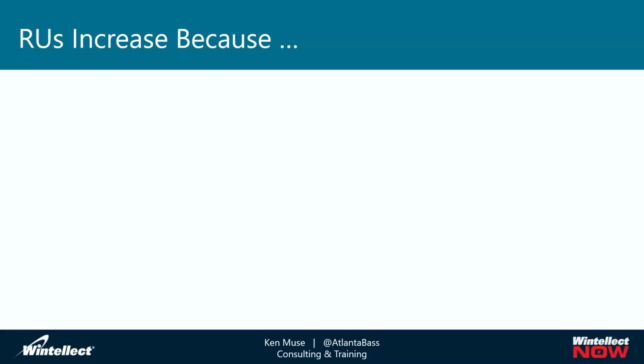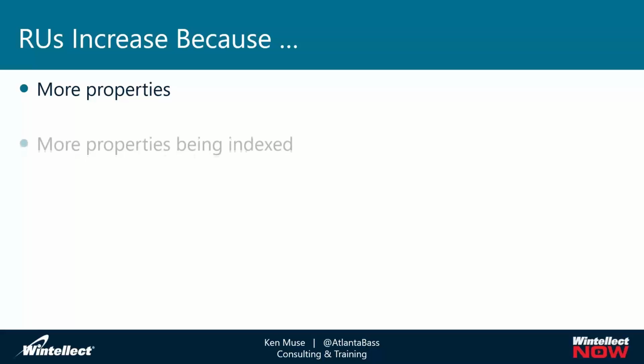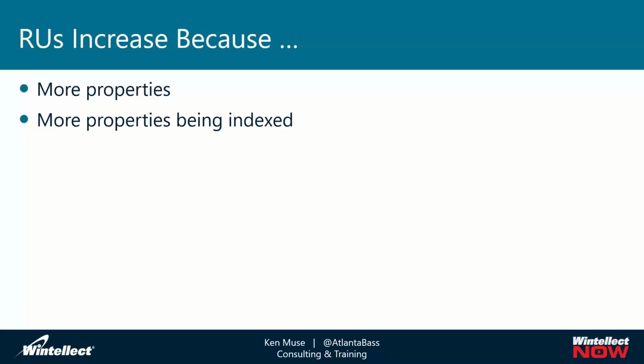So as you increase the number of properties, that is the number of name value pairs in a JSON document, then it's going to increase the number of RUs we need for each operation, especially reads. Because as we add more properties, there is more information that has to be stored by Cosmos and more properties that need to be indexed.